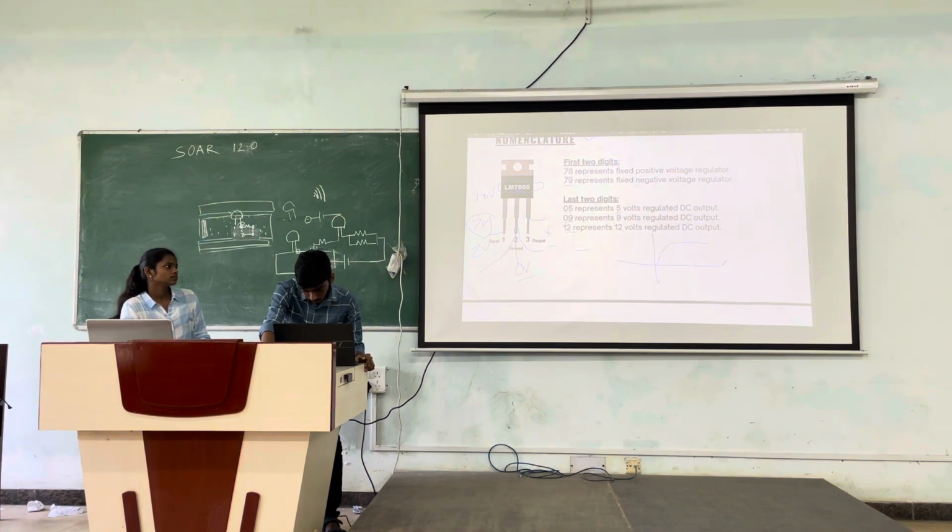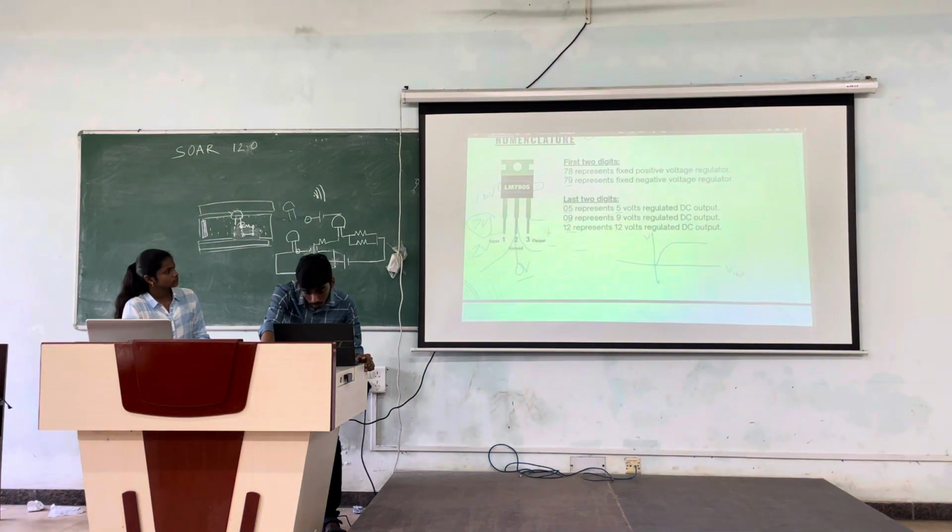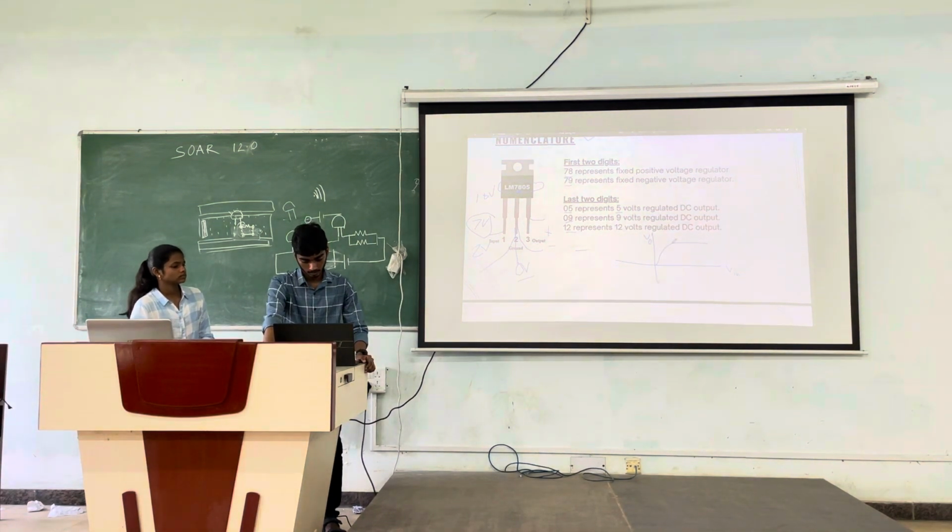If this is V input, and this is V output, then this is the maintained output voltage. In this case, we are saying it is 5 volts. So it follows this curve.